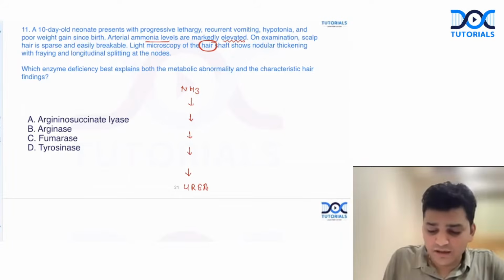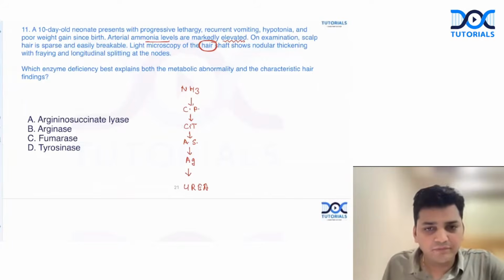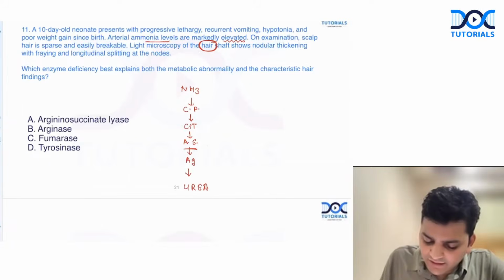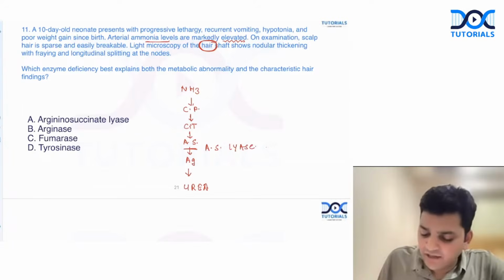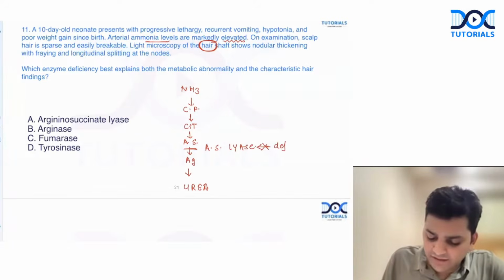See, what happens is ammonia converts into carbamoyl phosphate, that converts into citrulline, that converts into argininosuccinate, that converts into arginine, and ultimately urea. Now, the enzyme that is there is argininosuccinate lyase. And we have discussed that if there is a defect in the argininosuccinate lyase, this reaction will not happen.